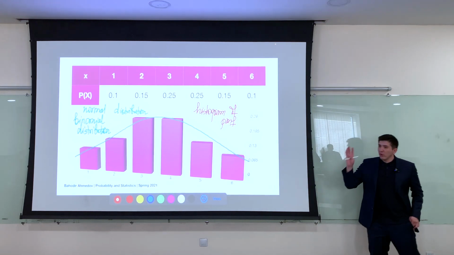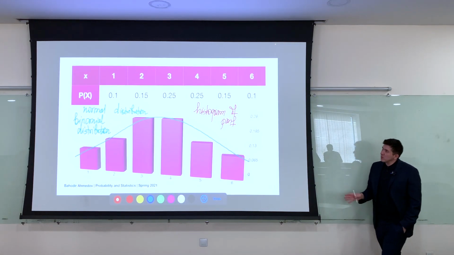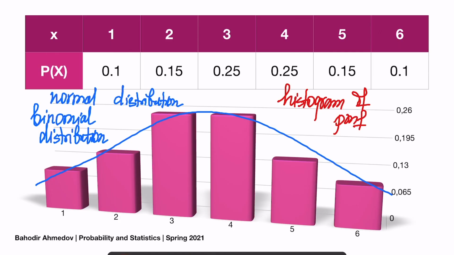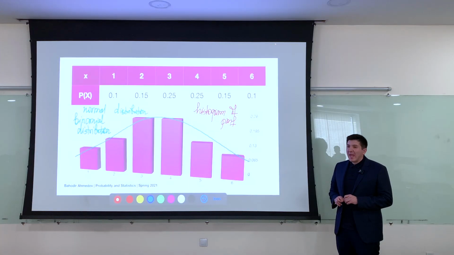So if I say for this random variable, what is the probability that x is equal to 2? 0.15, right? What is the probability that x is equal to 4? 0.25. What is the probability that x is equal to 8? 0. What is the probability that x is equal to 2.5? 0, right? For any other values which are not indicated here, the probability is simply going to be equal to 0.